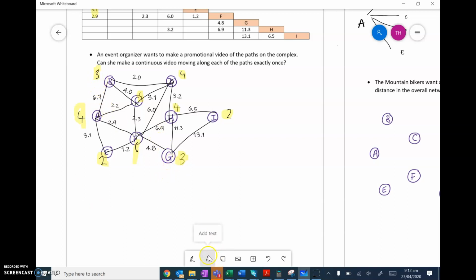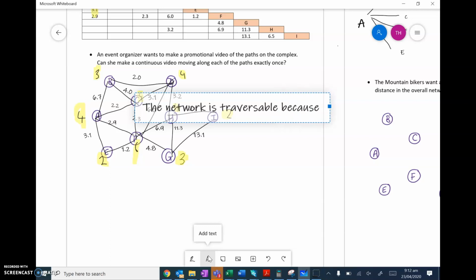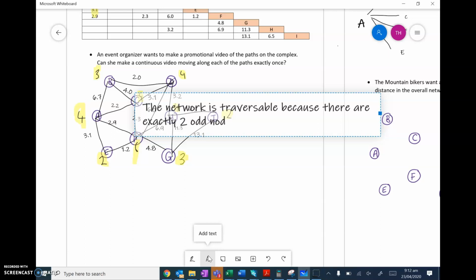So to answer this question, I need to use, first of all, the word traversability, that I know it is traversable. So the network is traversable because there are exactly 2 odd nodes.